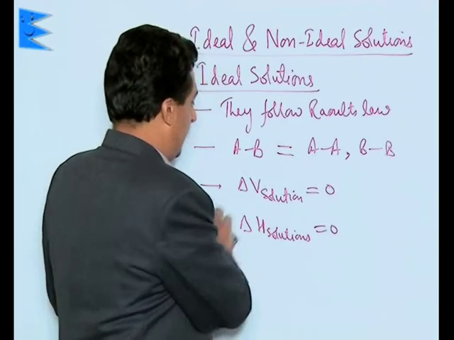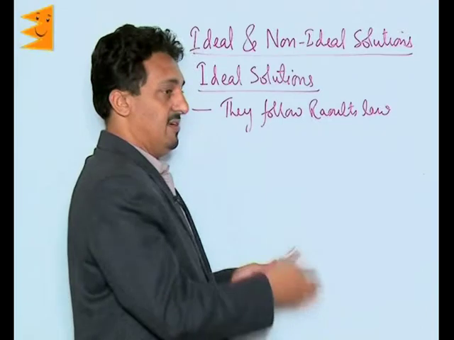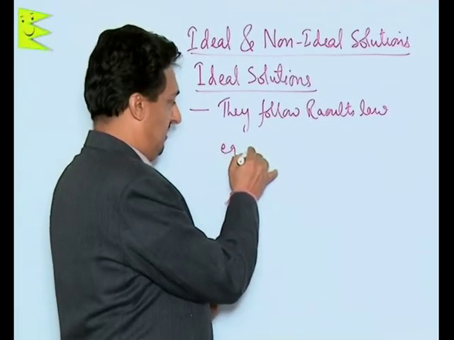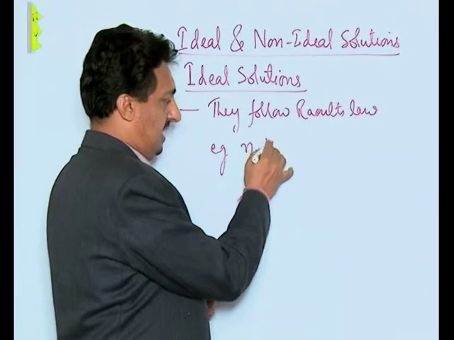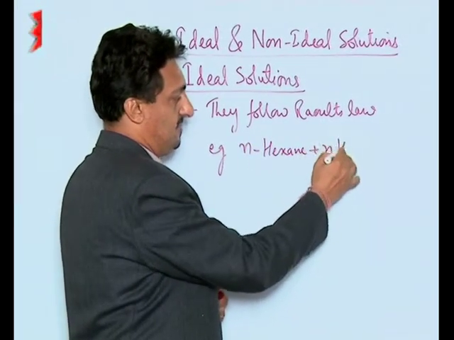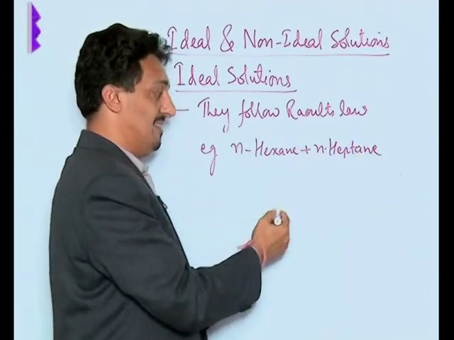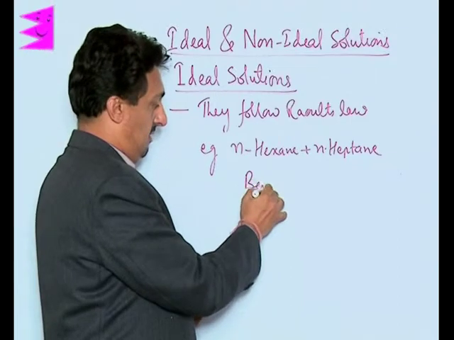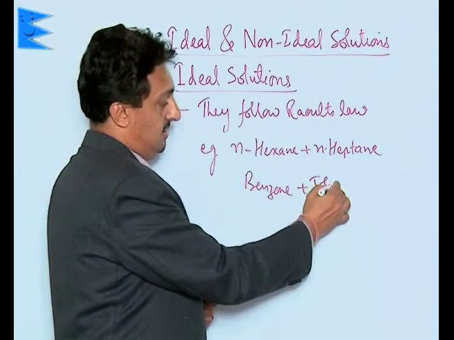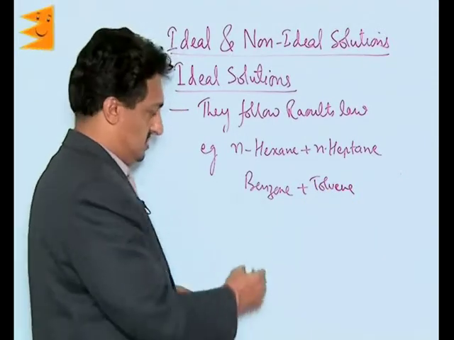The examples can be the ones in which, when mixed, there are almost the same type of interparticle forces. We can have n-hexane and n-heptane mixed, and we get an ideal solution. When benzene and toluene are mixed, we get an ideal solution.